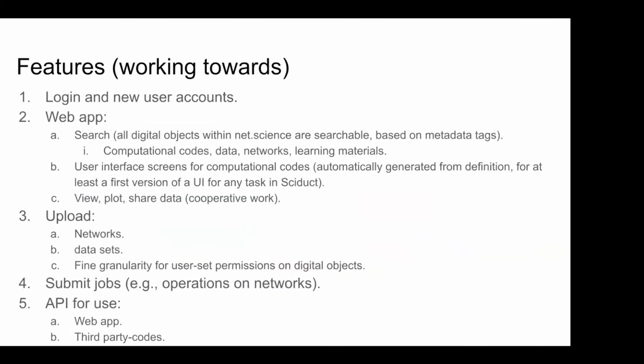Okay, so these high-level features that we're working on right now are login and user management of managing user accounts. The web app, we just spoke about searching before of different types of digital objects. It will also have user interface screens for all the different computational codes, which will generate automatically. And then this notion of team science with viewing, plotting, sharing the data.